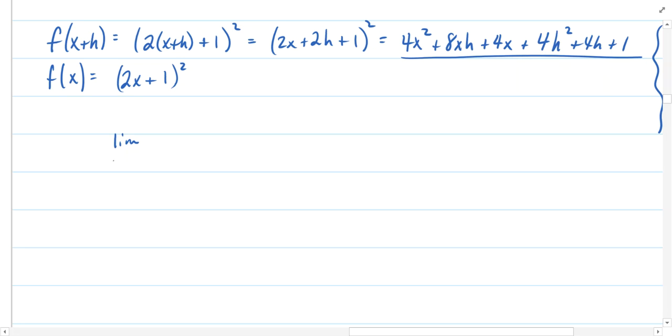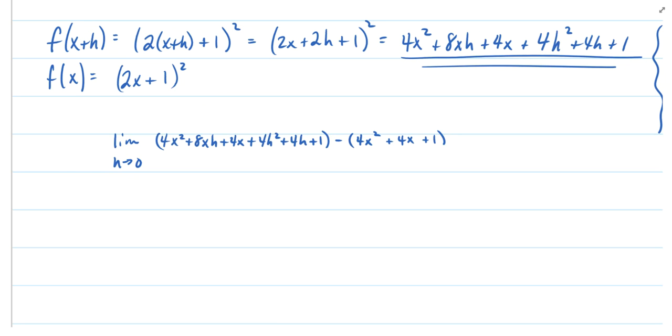Now all of that was needed, of course, because our limit definition of the derivative requires the limit as h approaches 0 of f of x plus h, so this first group. And I just recognize that it would have been nice to have this one foiled together as well.